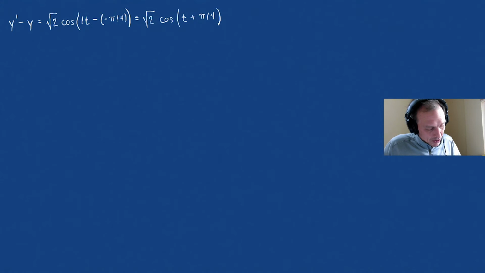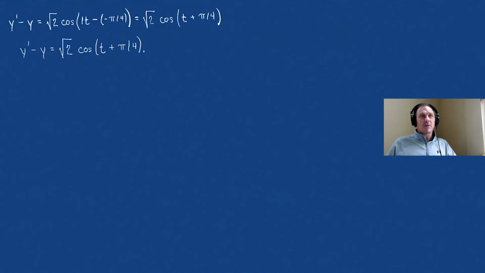So really, we're working with this problem of y prime minus y is equal to the square root of 2 times the cosine of t plus pi over 4. And now, remember what we said. This is the capital R. We can go one more step.